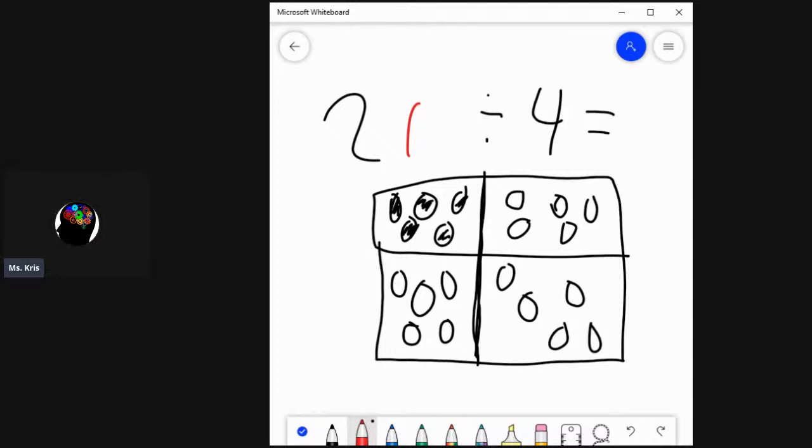Now, this can be written in so many ways. Well, we know that evenly 20 divided by 4 gives me 5, right? But you have 1 left over, which most consider is your remainder.